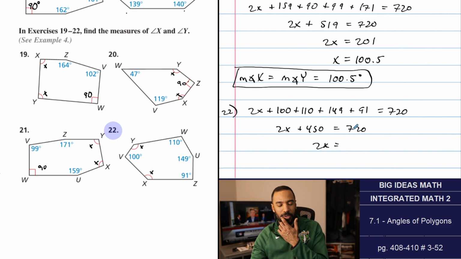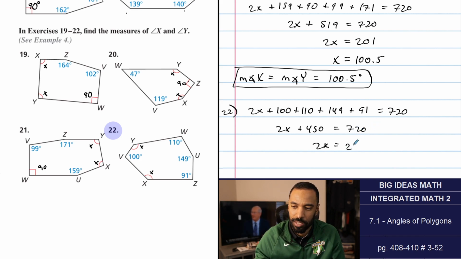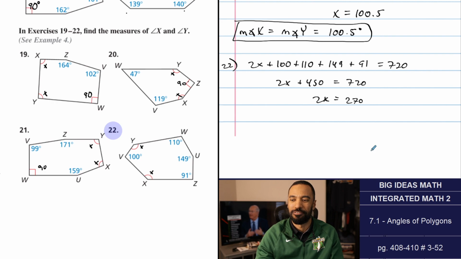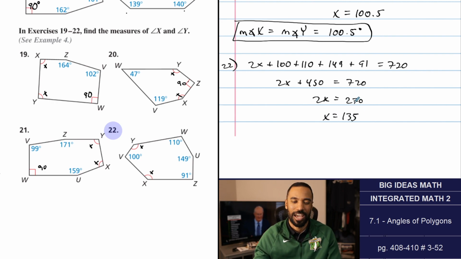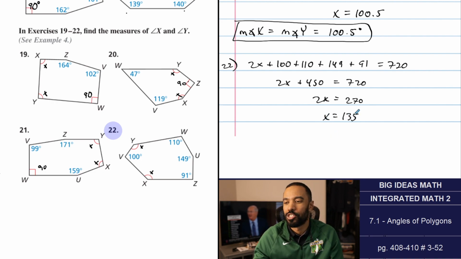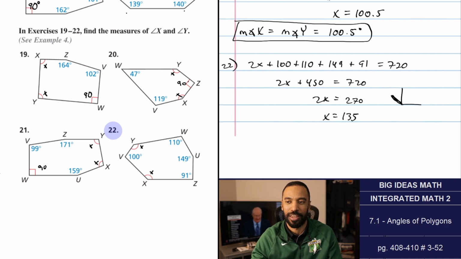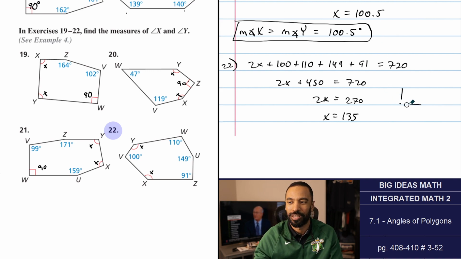So 2x equals 270. Oh, this is the 135, man. And x equals 135. I didn't know they'd get exact to 135. See, 135 is a special number. It's a 90 degree angle plus another 45, another half of 90. So measure of angle x and y are both 135 degrees.